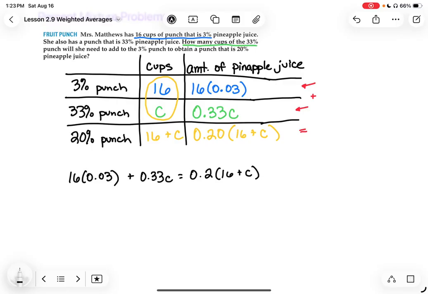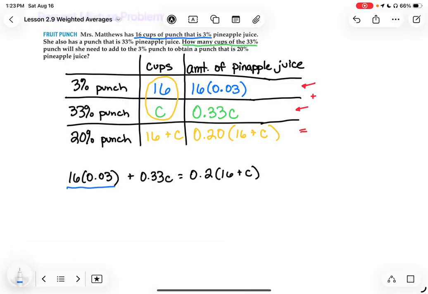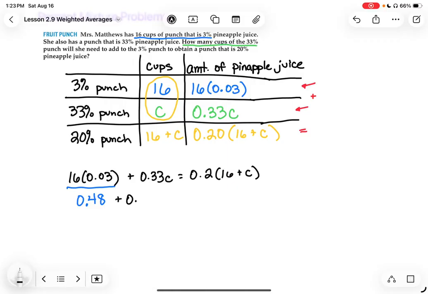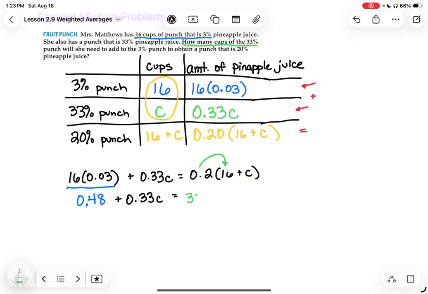And so we've got some multiplication to do. 16 times 0.03 is just 16 times 3, which is 48. And then you move the decimal over twice, so 0.48. We can't do anything with the 0.33C quite yet. And then we'll do the distributive property here, 0.2 times 16, that is 2 times 16, which is 32.